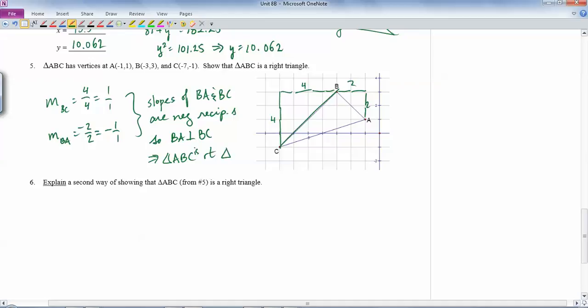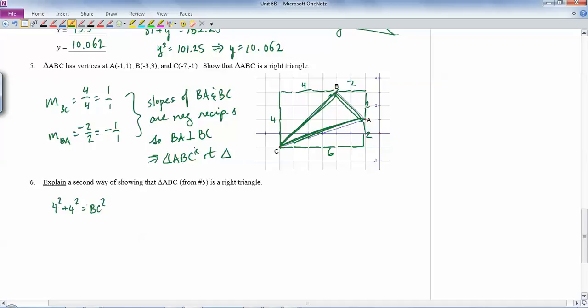Okay. Number 6 says explain a second way of showing that ABC is a right triangle. So what you could do instead, I'll actually prove it, not just explain it. 1, 2, 3, 4, 5, 6, and 2 right here. You could use all the slope triangles to get the 3 sides here. Not the slopes themselves, but the actual lengths. So like 4 squared plus 4 squared equals BC squared.